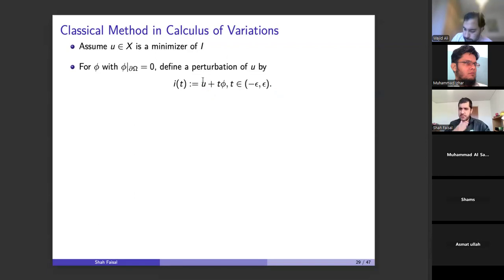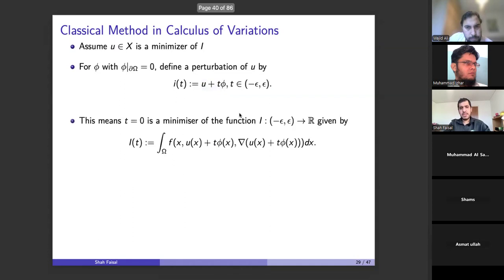Now it's a one parameter variation of the minimizer, you can say. By varying t, you are just varying the minimizer in a neighborhood. If I compose this with the function I wrote above, I will get a function from this interval to R, which is defined by this, right?